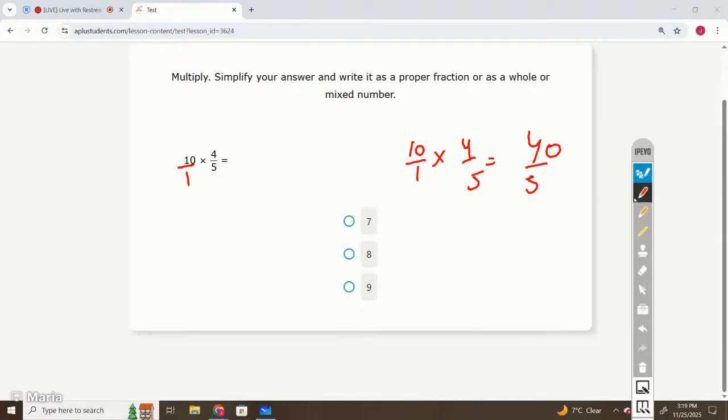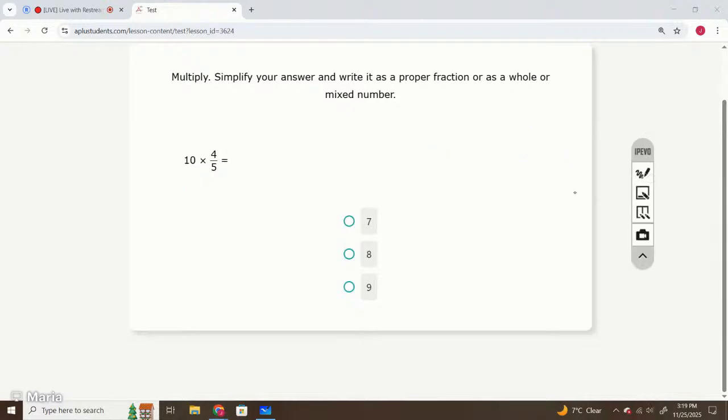So 5 times what number is 40? 5 times 8 is 40. The correct option is 8. Option number 2 is the correct option.